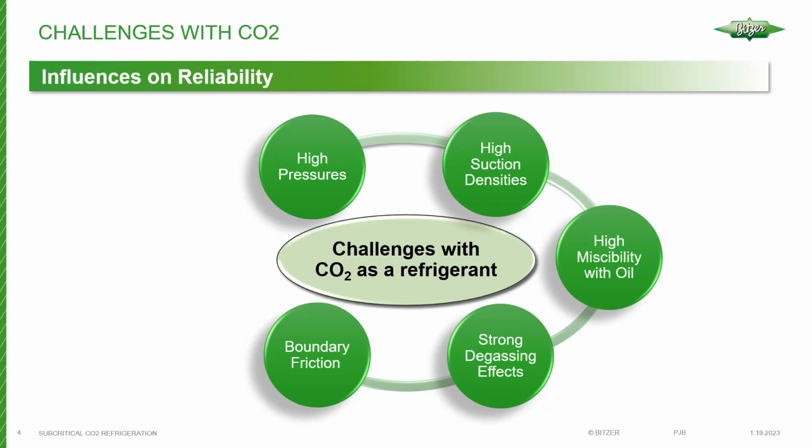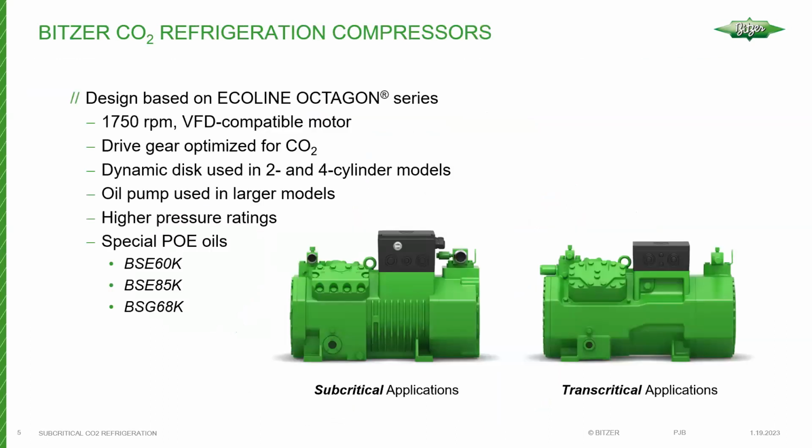So that's another challenge. The drive gear, or the running gear, if you will, of the compressor needs to be suitable for this. Oils need to be chosen to be appropriate. Superheats need to be determined for achieving good long-term compressor operation. We'll talk about some of these operating limits later on in the presentation.